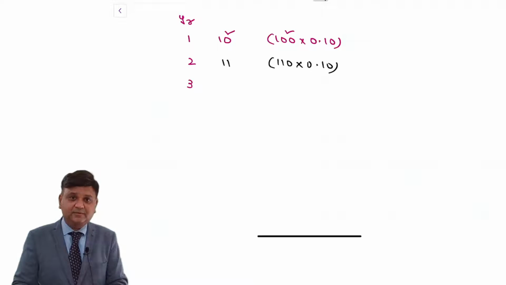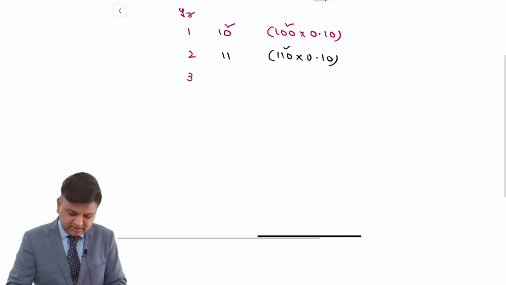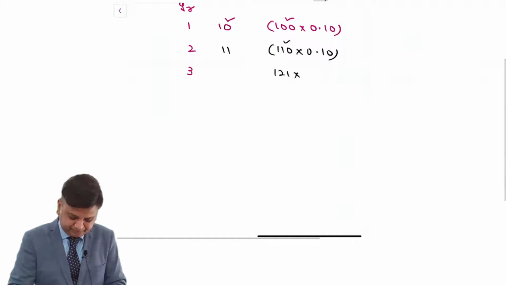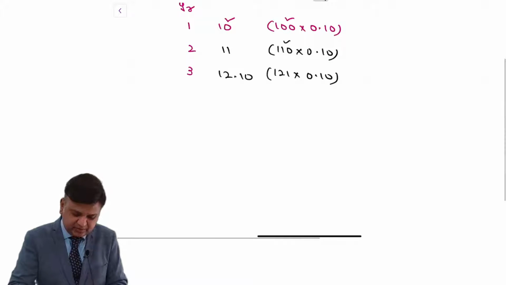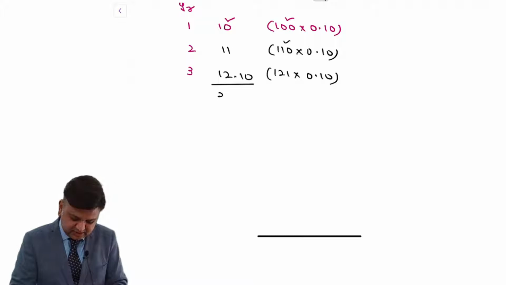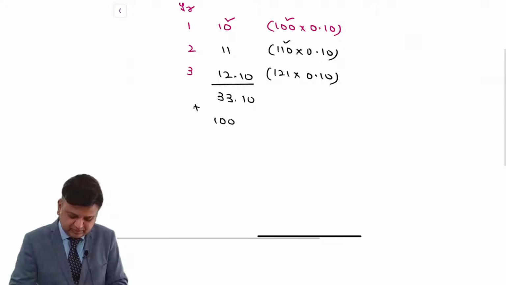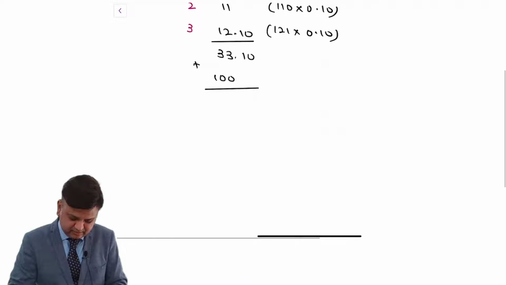That comes to 11. Again this 11 rupees is added to 110. That comes to 121 into 10%. So this is 12.1. So the total amount of interest is 33.1 plus 100. So maturity amount of deposit is 133.1.